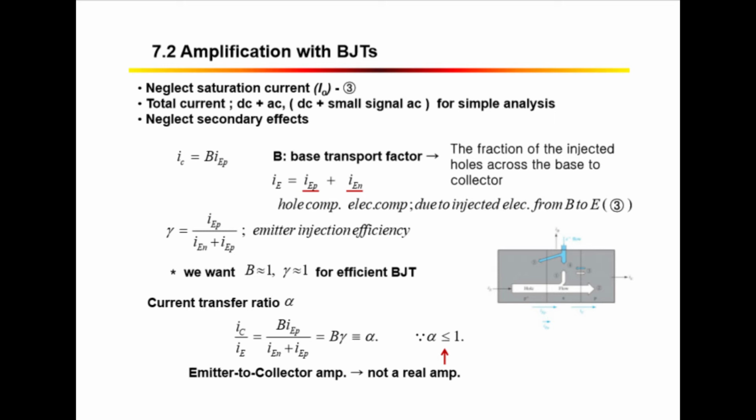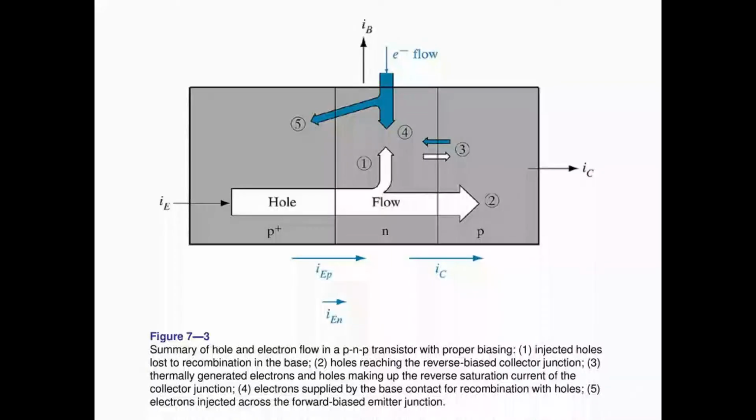Now we must know that the total emitter current IE is made up of the hole current component and the electron component due to the electrons injected from the base to the emitter. Please refer to component 5 of figure 7.3.